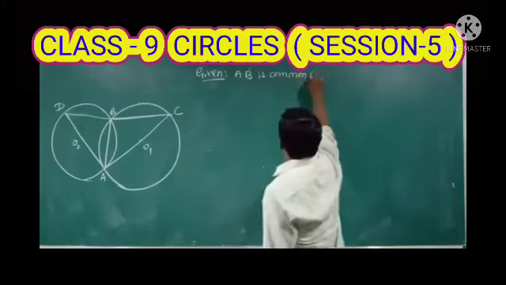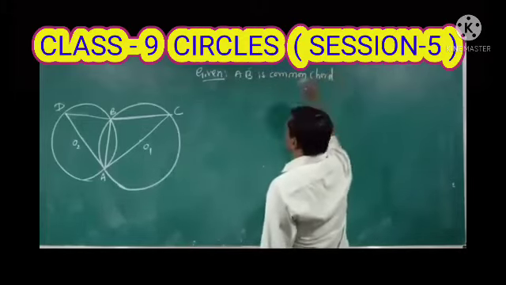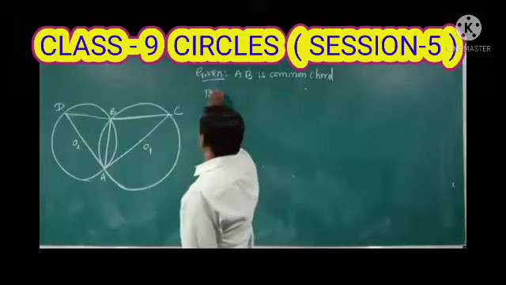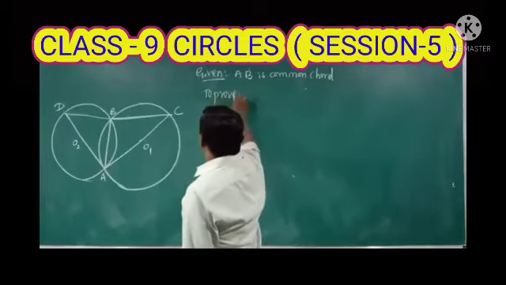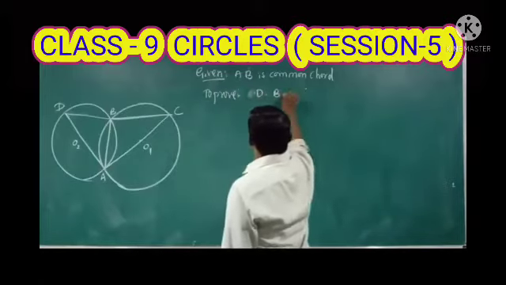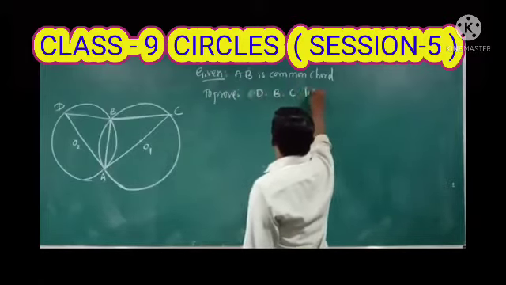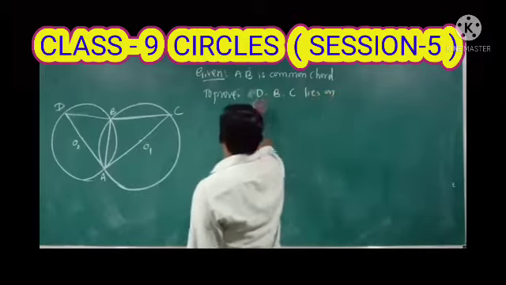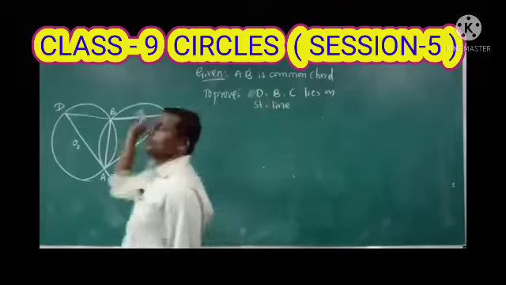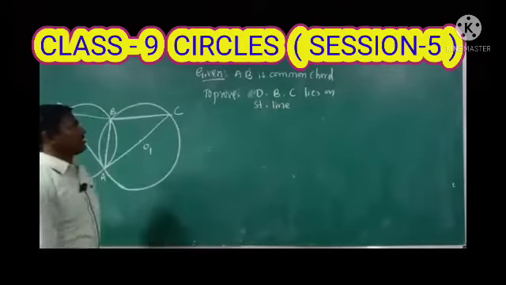AB is the common chord for the given two circles. What do you need to prove here? Points D, B, C lie on a straight line. Need to prove that all these three points are lying on the straight line.